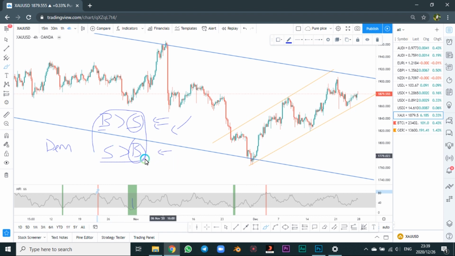So then what you need to understand as a trader is that, if you are to consider what I'm teaching you right now, make sure that you put this indicator in your system and you never enter a trade without a signal from this indicator. If the indicator is not showing you that price is oversold, make sure that you don't enter that buy.